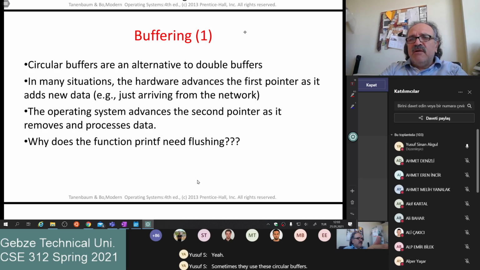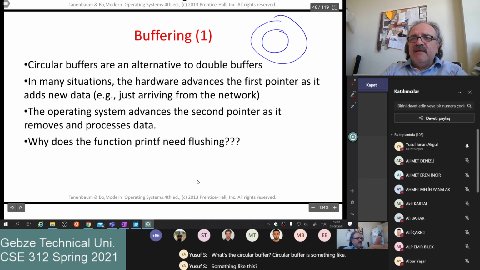So what's a circular buffer? Circular buffer is something like this. As a device driver, I write my data to this part, and as the user process, I read my data from this part.